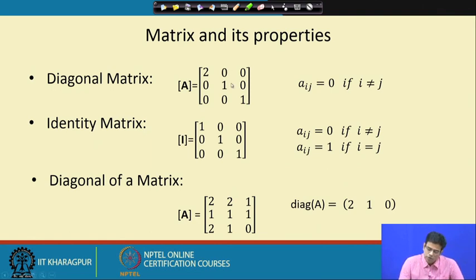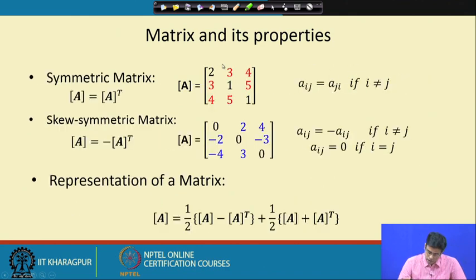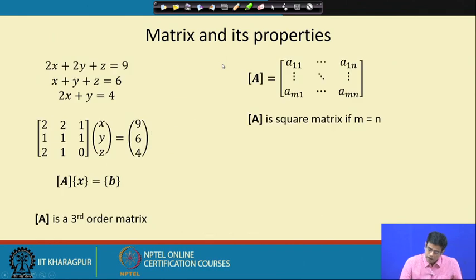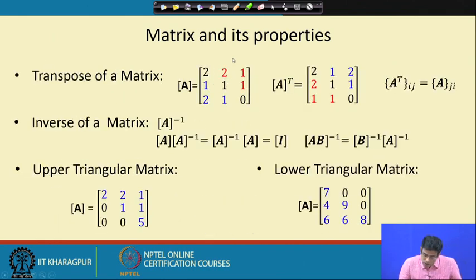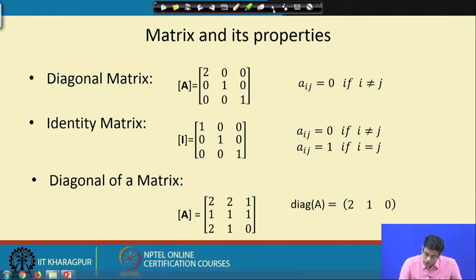So, if you look carefully, this is a third order matrix where all of the off diagonal elements are 0, right.